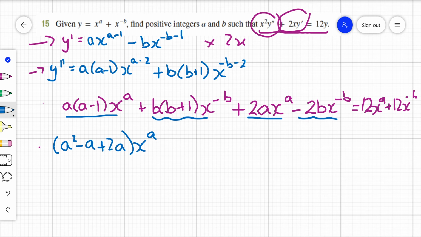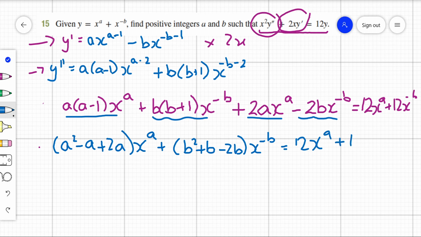My coefficient of x to the minus b is b squared plus b minus 2b. Now that has to equal 12x to the a and 12x to the minus b. So you can see that this has to equal 12 and this also has to equal 12.